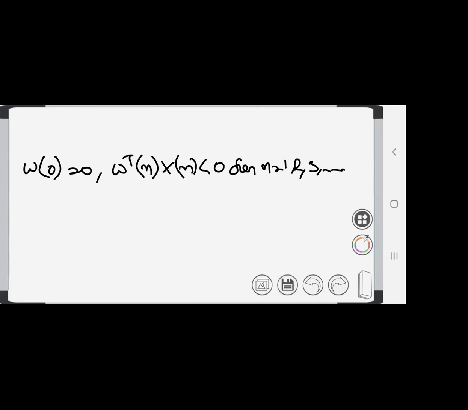For the initial condition with W 0 equal to 0, suppose that W transpose n x n is less than 0 for n equal to 1, 2, 3 up to n, and the input vector x n belongs to the subset of class C1.